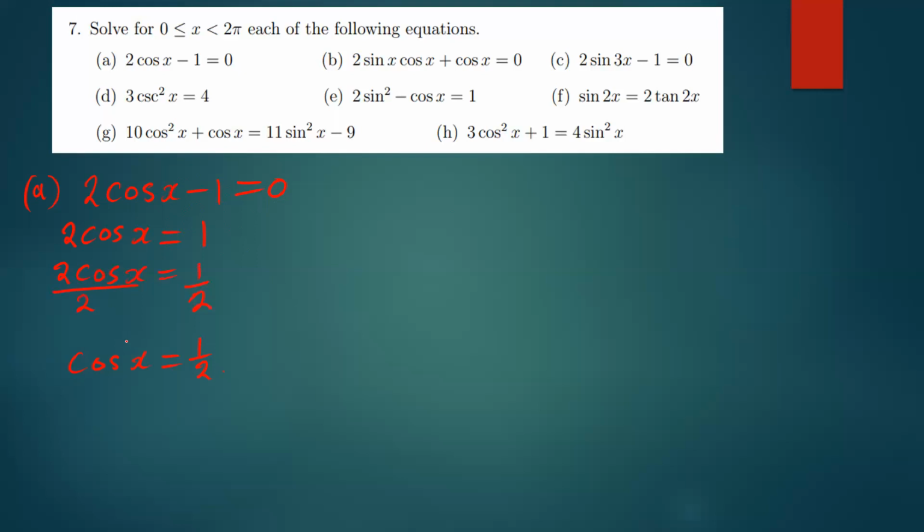We're just going to use it as a reference to find the answers. To find x, we're going to find the cos inverse of half. So x will be equal to cos inverse of 1 over 2. Cos inverse of 1 over 2 is simply 60 degrees.